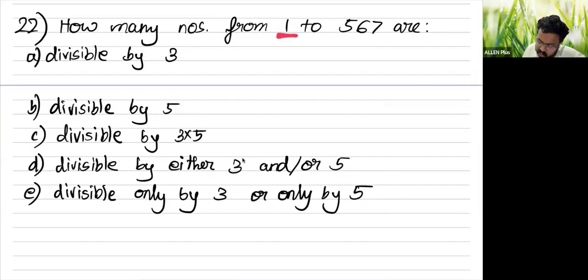How many numbers from 1 to 567 are divisible by 3? How many are divisible by 5? Sinha, not correct. Sorry, Shubhangi, not correct. Sanyu, correct.